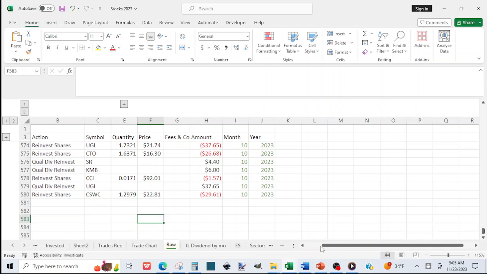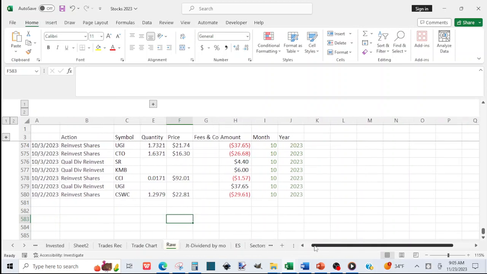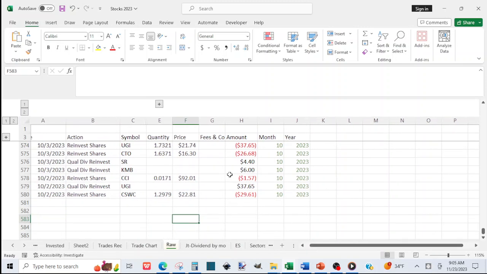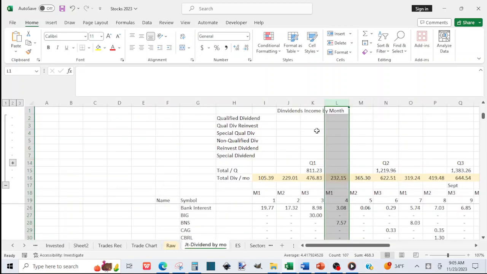You can again manually enter those positive numbers on your investment income by the month tab, or you can set a formula to automatically pull it from your tab where you paste that CSV file.